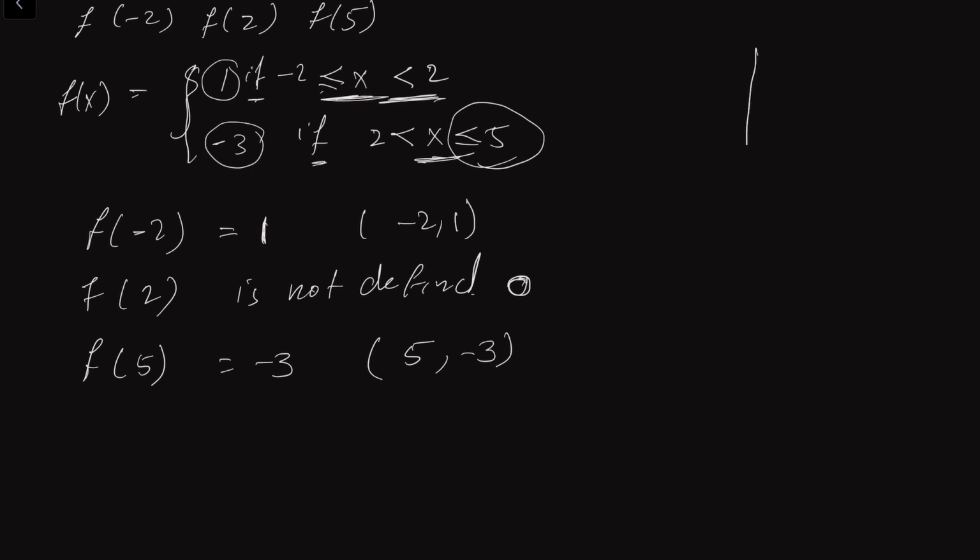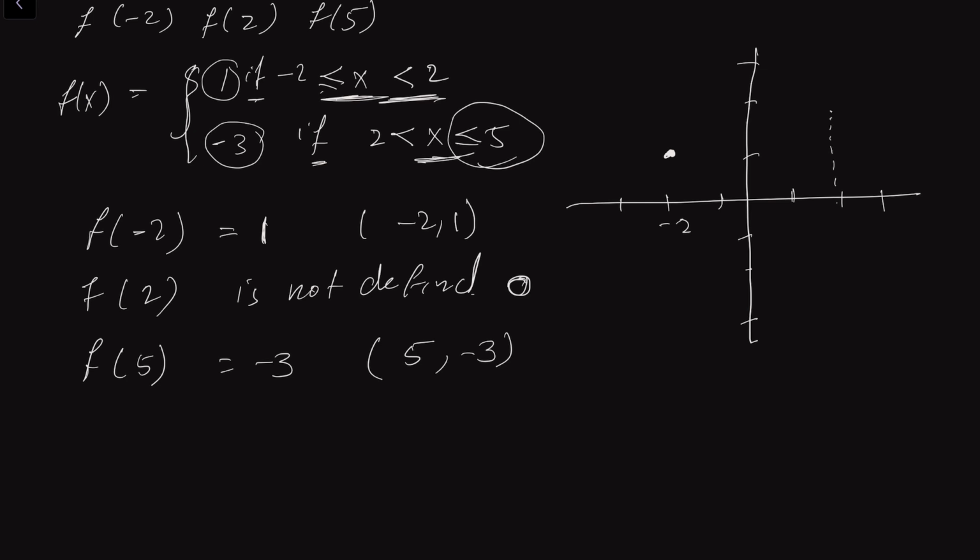Okay, let's graph the function. Okay, -2 and 1. So that's a solid point, right? Okay, and then we have the line at 2.